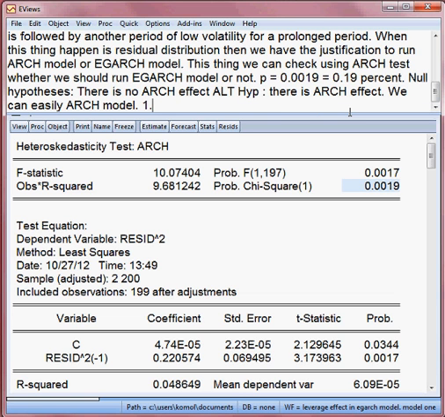So that is number one, and we have got it already.